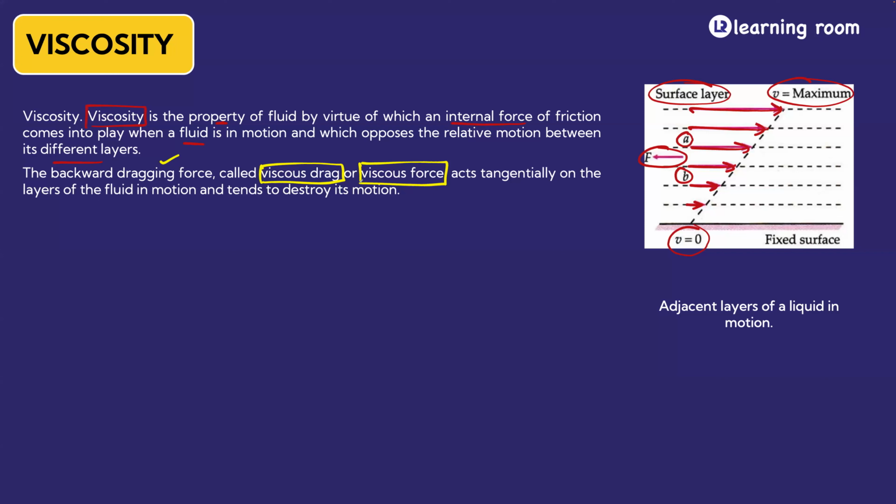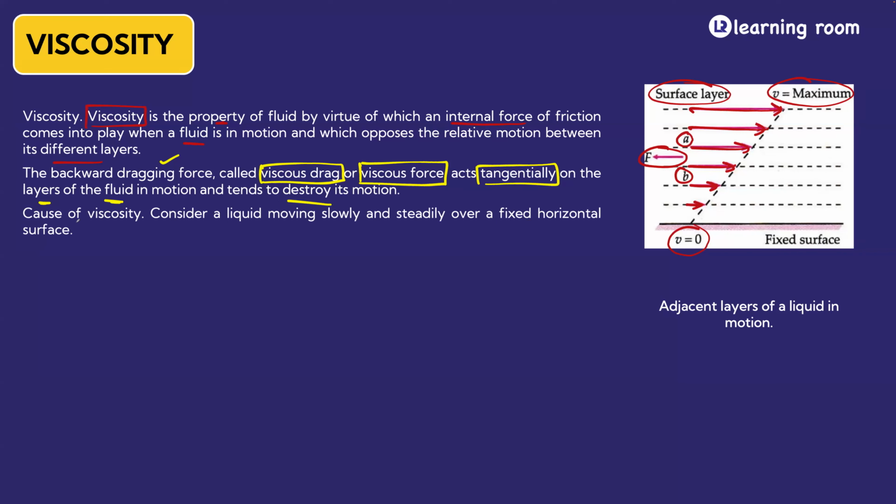But you need to understand what will happen if the surface has some curved shape. If there is a curved shape, then how is the frictional force going to act? It will always act tangential on the layers of the fluid in motion. And what does it try to do? It tries to destroy its motion.